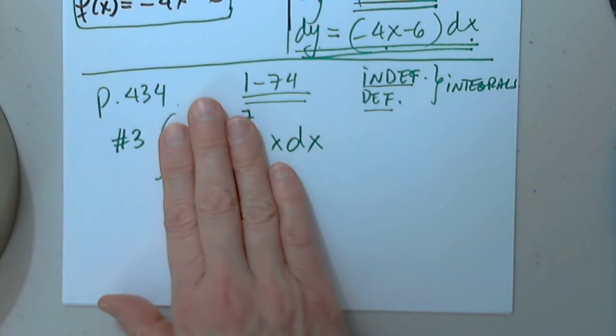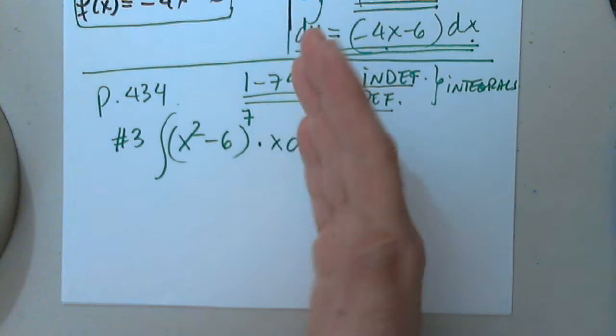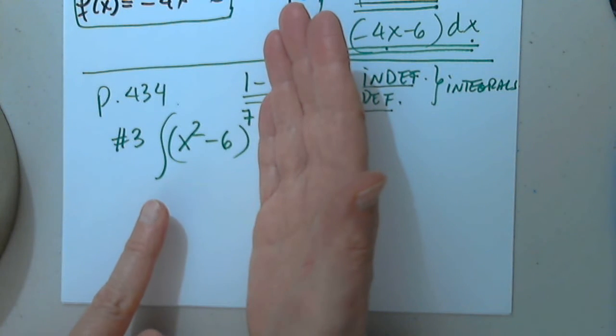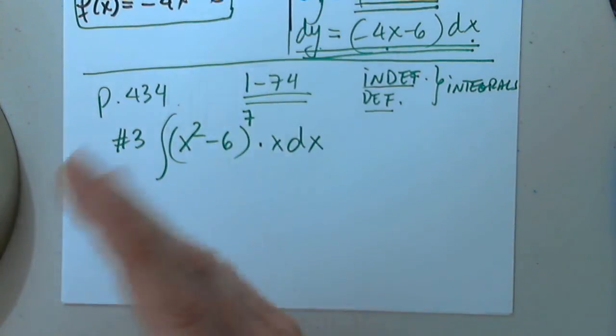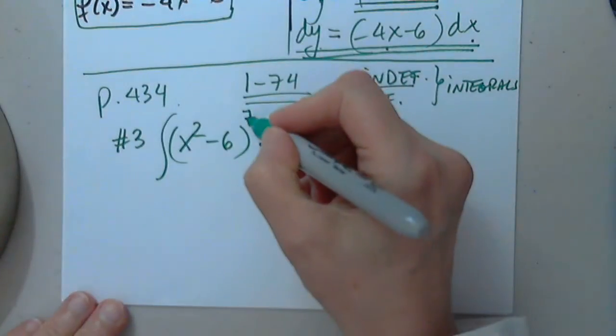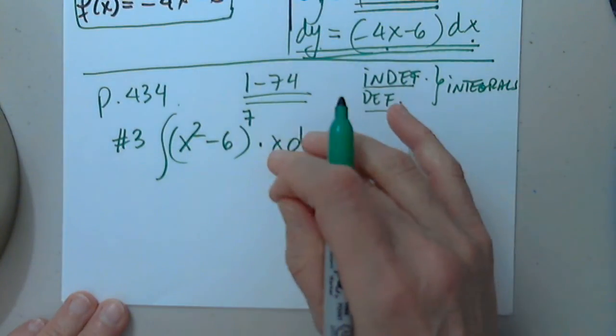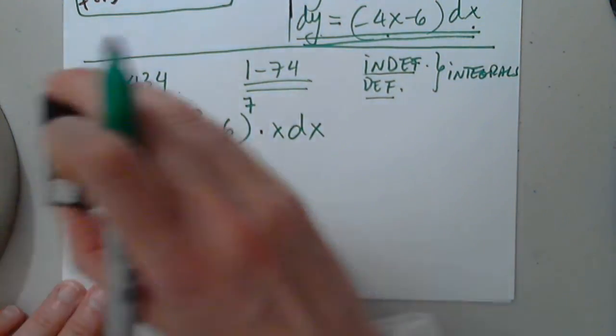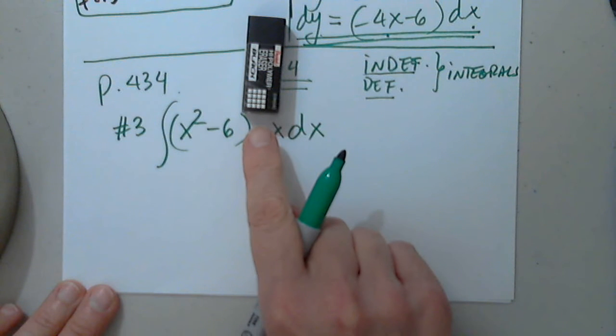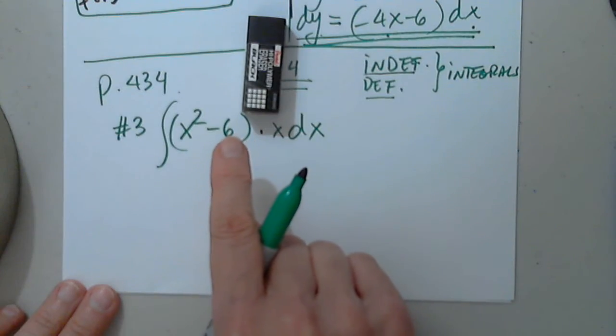Obviously, I cannot do anything to this x. But this has power 7. I'm not going to expand. If this had power 2, I would have expanded and multiplied by x and then done. But in this case, I'm not going to do it because this is power 7. I could, but it would take me forever.